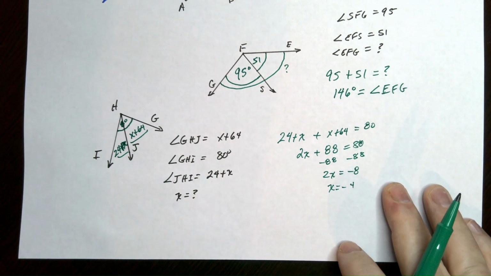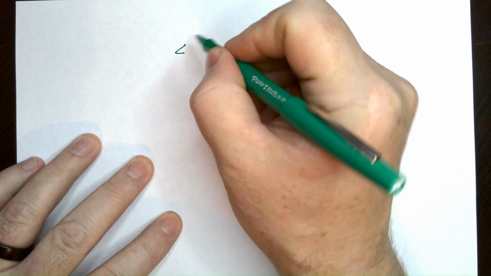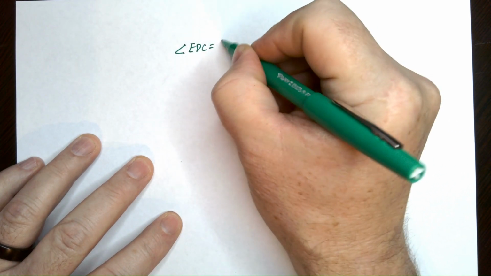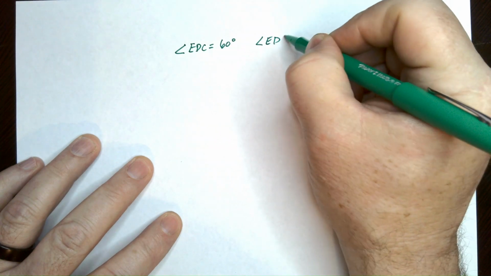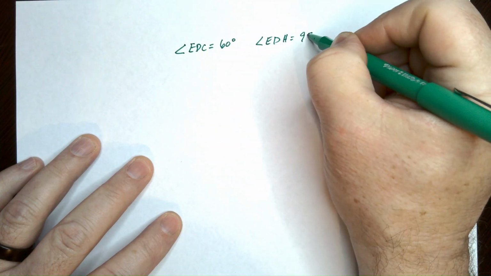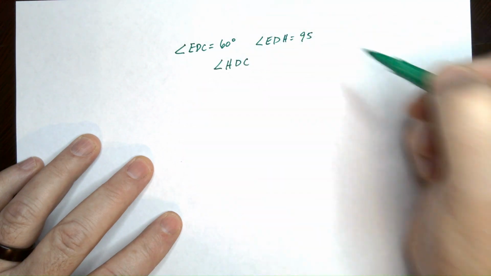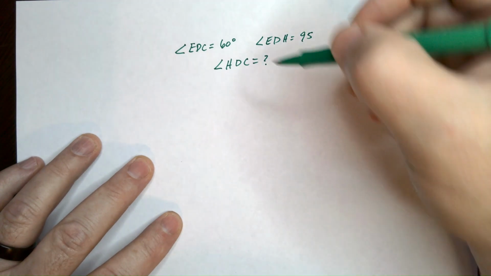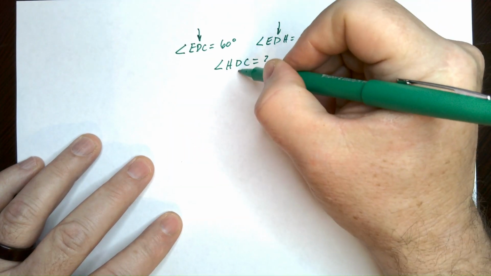So let's see an example where we don't have a picture. So let's say it just said this. It said angle EDC is equal to 60 and angle EDH is equal to 95, and we have to find angle HDC. That's kind of confusing, right? But if you look, do you see the vertex is going to be at D?